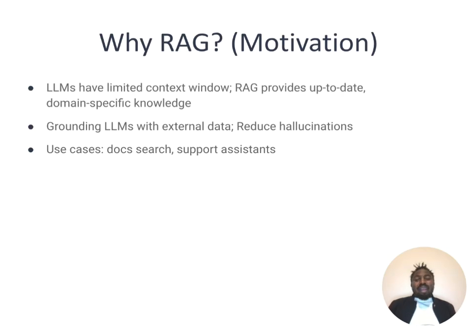So, what is RAG? Again, LLMs have a limited context window. Depending on the vendor, it can go up to 1 million tokens, which is impressive, a few million, but still, you cannot fit the whole internet in the current working knowledge of an LLM. So RAG is a technique which allows you to provide up-to-date and very specific knowledge.